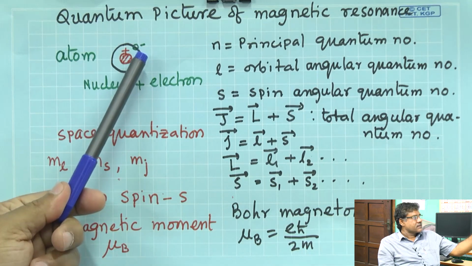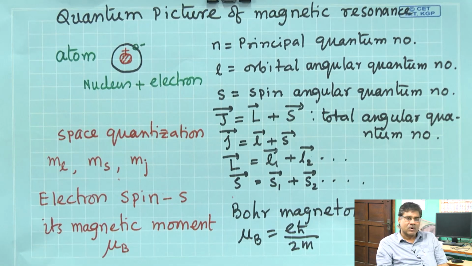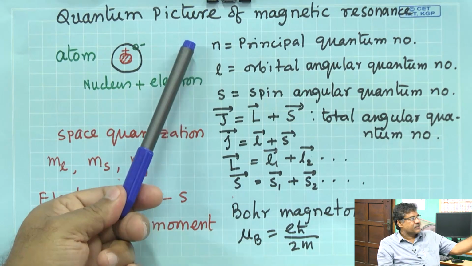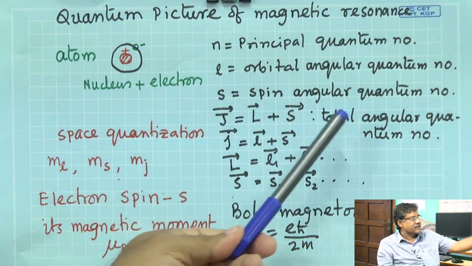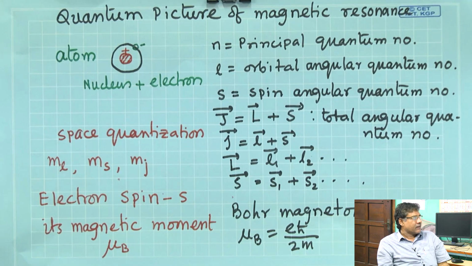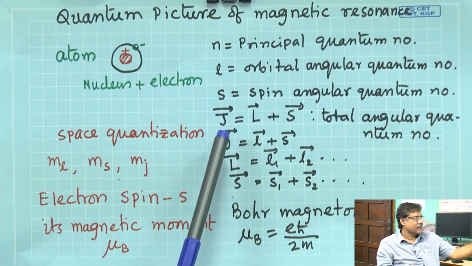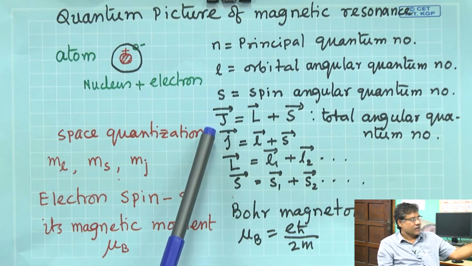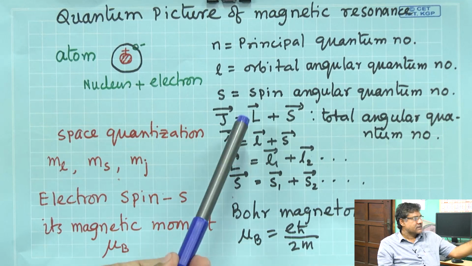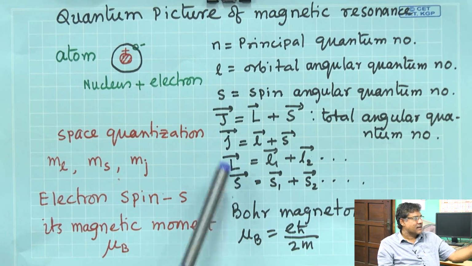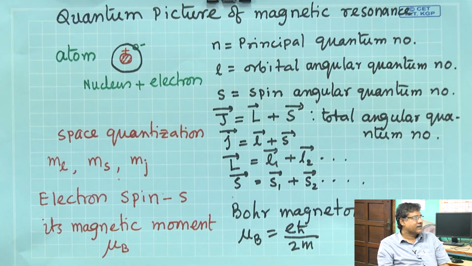Electrons are moving in orbit. So, we specify the electron with some quantum numbers: n the principal quantum number, L the orbital quantum number, and S the spin quantum number. Then from L and S one can get the total angular momentum J. Here I have written capital L and capital S. Capital L is basically the summation of the individual L, L1, L2, L3.